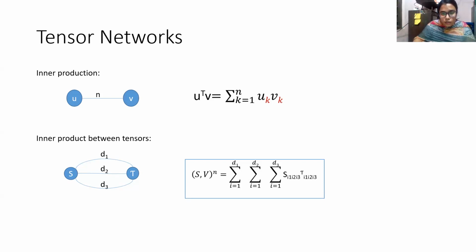All the values from D1, D2, D3 will be multiplied with S and T.